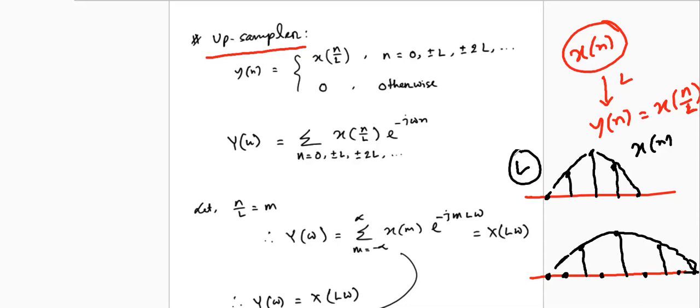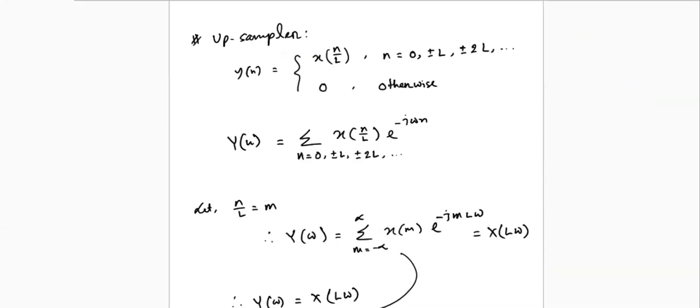If you put L equal to 2, then the frequency is decreasing 2 times. If you put L equal to 3, then it will decrease by 3 times, and so on and so forth. So that is in the time domain.